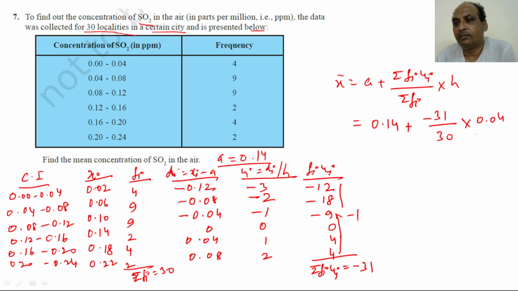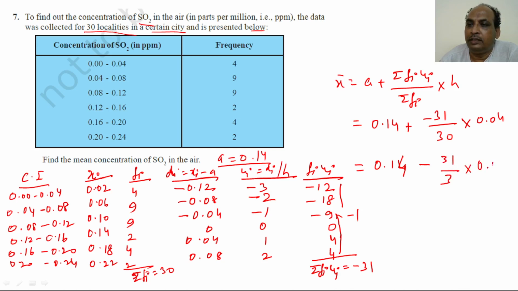Now we need to solve it. 0.14 will be in minus, and minus 31 by 30 into 0.04 is approximately 10 into 0.004.